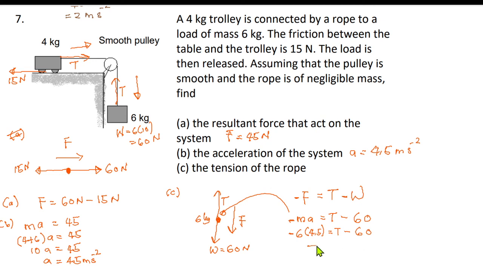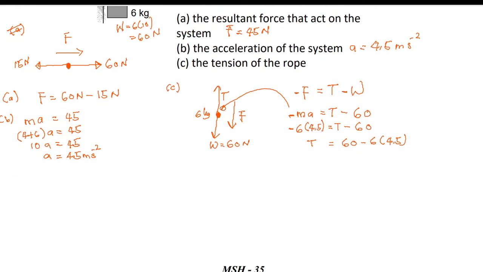So I have T equals 60 minus 6 multiplied by 4.5. So you plug this into your calculator, you will find that my tension equals 27 Newton. So that's how we find the tension of the rope.